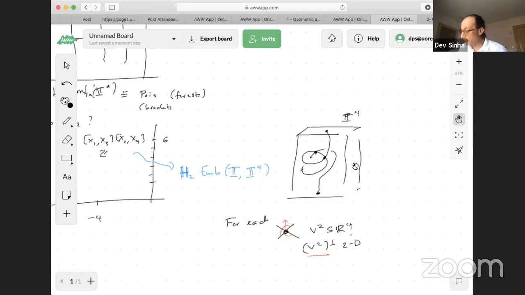Actually, why don't I just draw the 1? So for every normal vector, say a unit vector, I have a way that I could have avoided this collision.